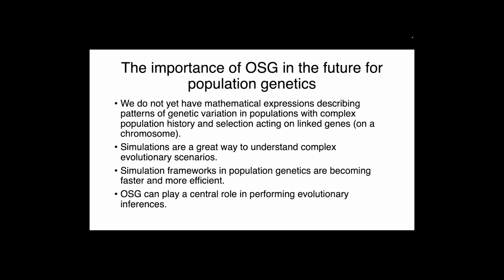Simulations are a great way to understand these complex evolutionary scenarios that we cannot yet mathematically model. We know that simulation frameworks in population genetics are becoming faster and much more efficient, and I'm really hoping that OSG can play a central role in performing these evolutionary inferences in the future.